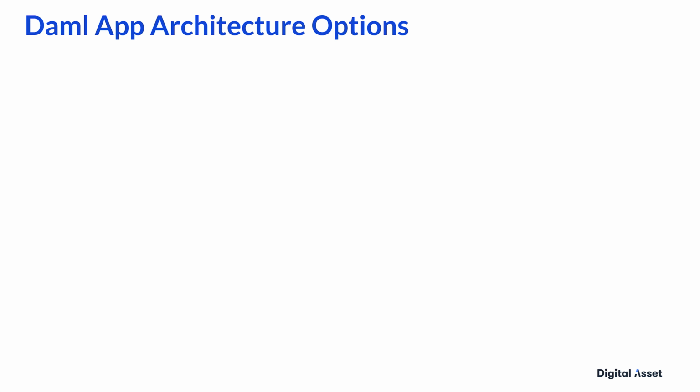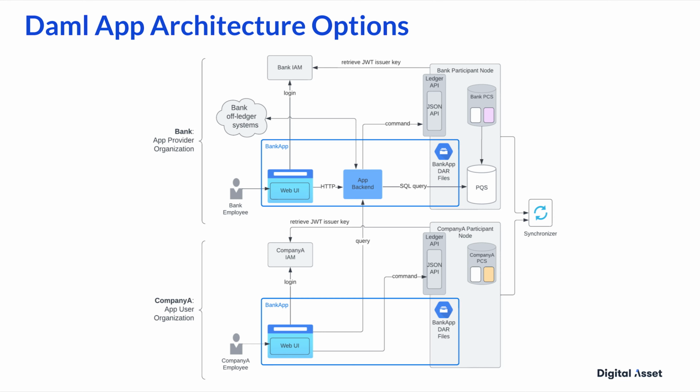When only the app provider operates the backend, app users' front ends submit commands to the Ledger using Ledger API or HTTP JSON API. To read from the Ledger, app users' front end uses the app provider's backend. This architecture is the easiest to deploy, and it still provides non-repudiation and self-sovereignty of app data for app provider and app users.